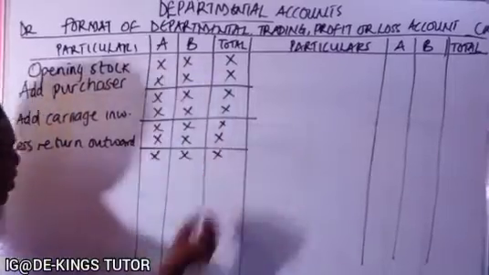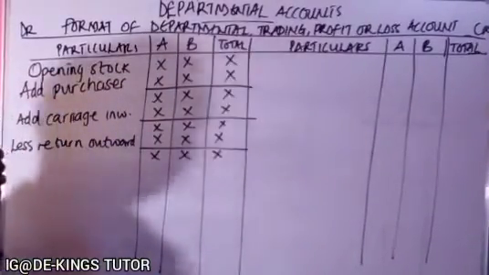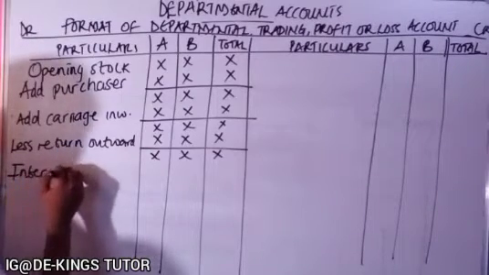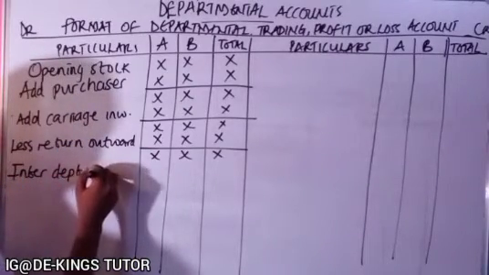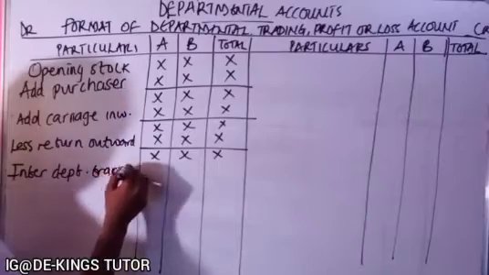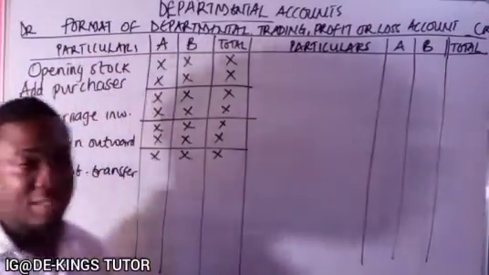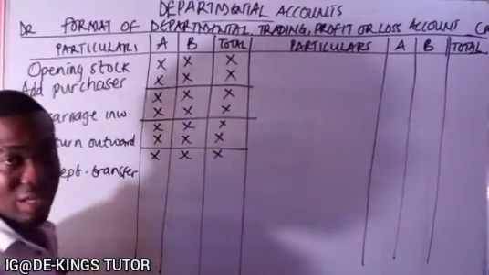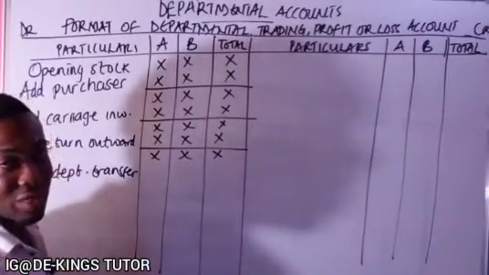Now at this point is our interdepartmental transfer. They are going to state in the question which department is transferring to which. So the department that is transferring to another, you less it from it and you add it to the one that is receiving.